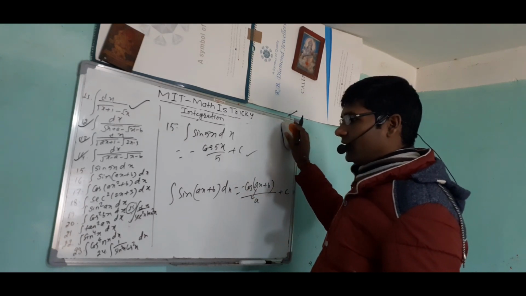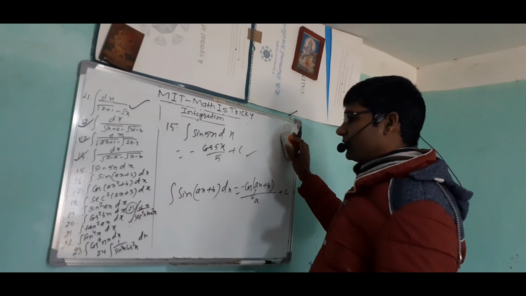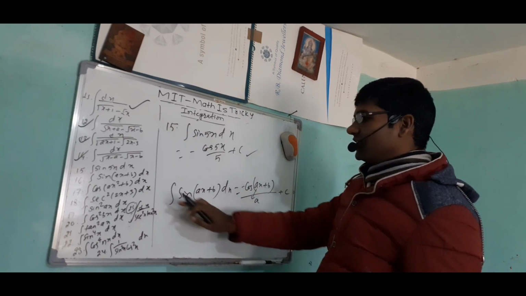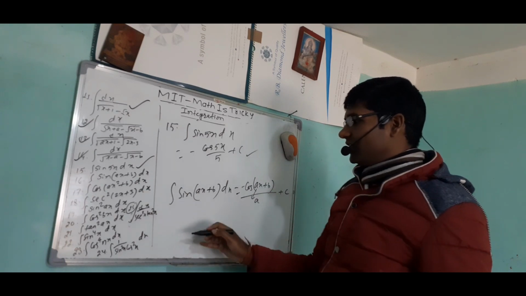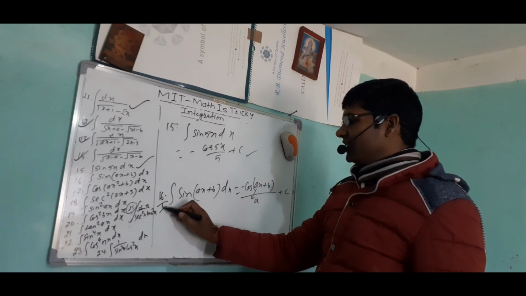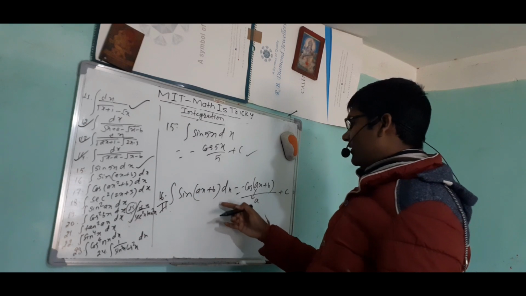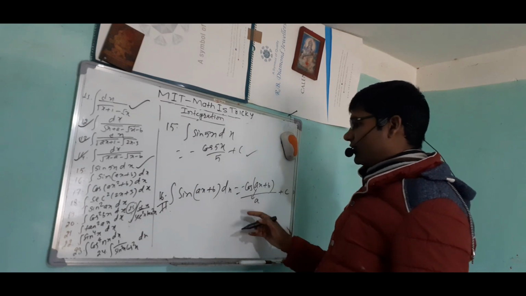This is our formula. Similarly we can do 16 also after 15. The answer I have written here, no need to do number 16. This is actually the formula, but we can write it directly. Okay, this is the formula.